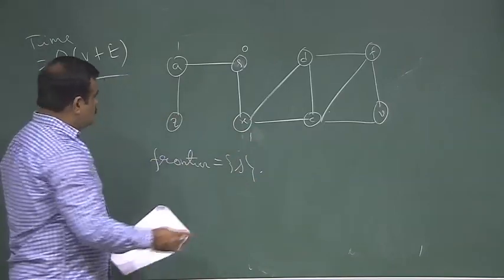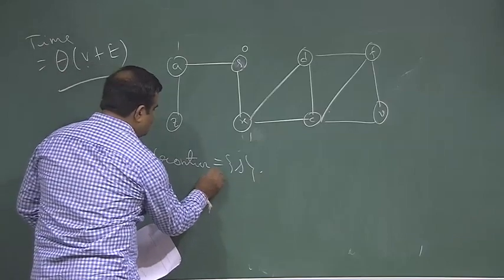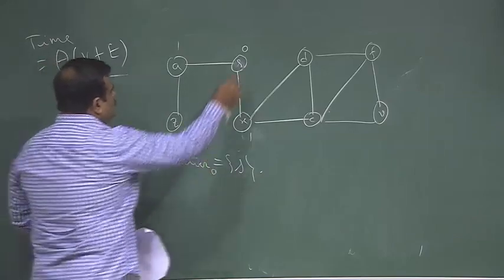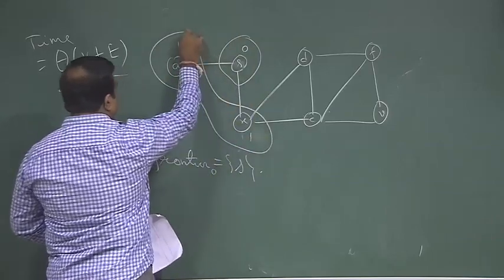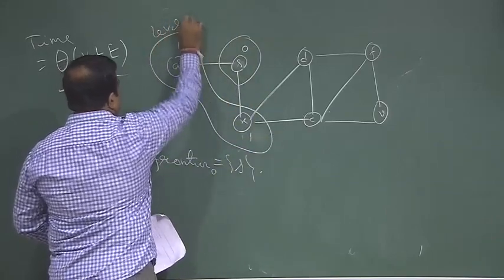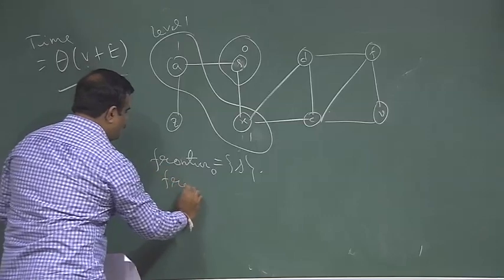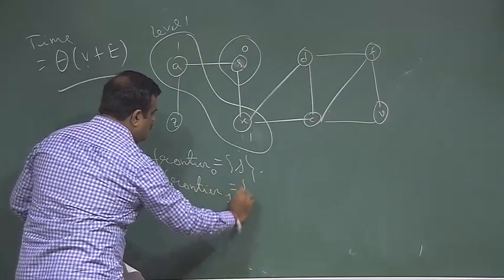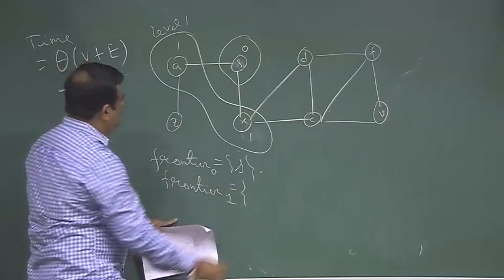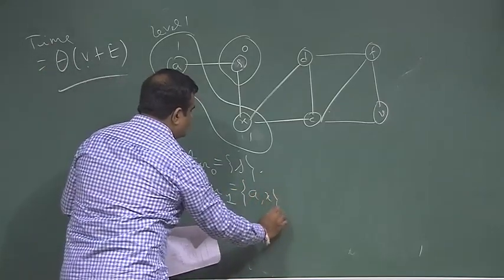So, frontier with I equal to 0 is the level 0 vertex, and this is level 1. That means the frontier of level 1, I equal to 1, is a comma x.